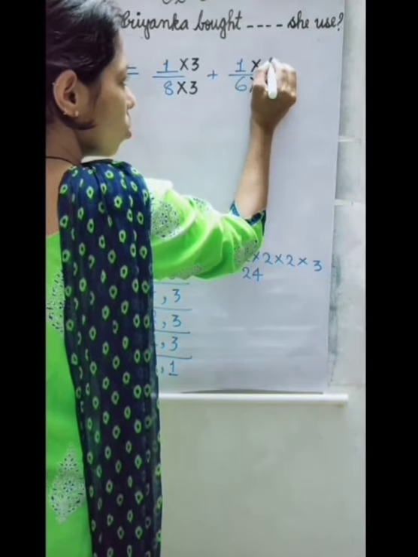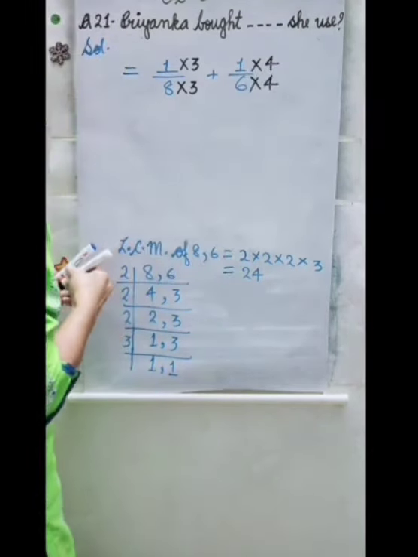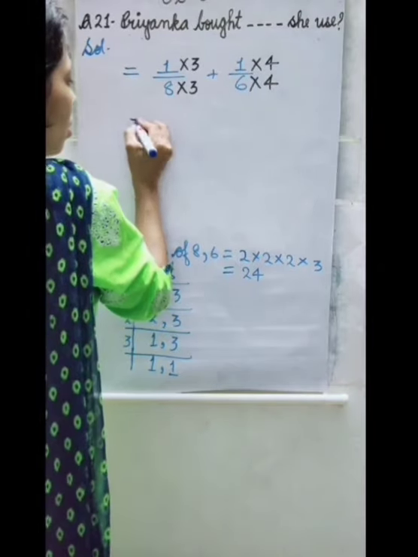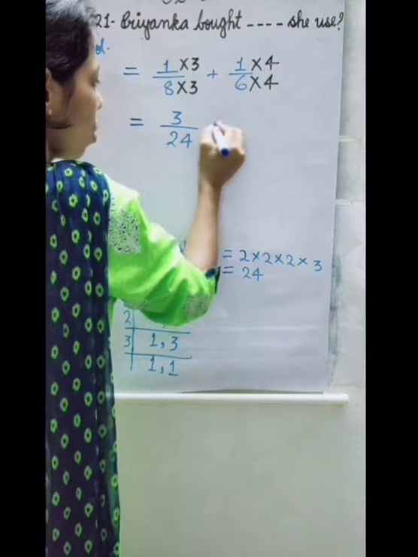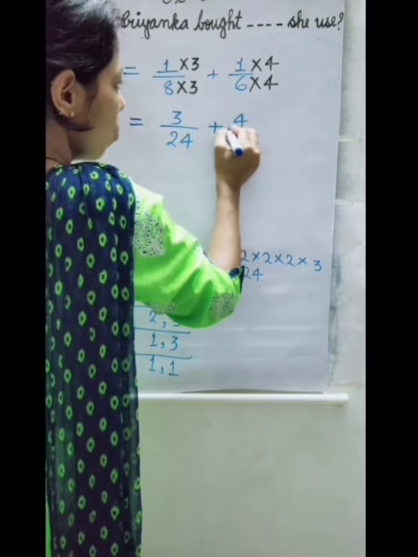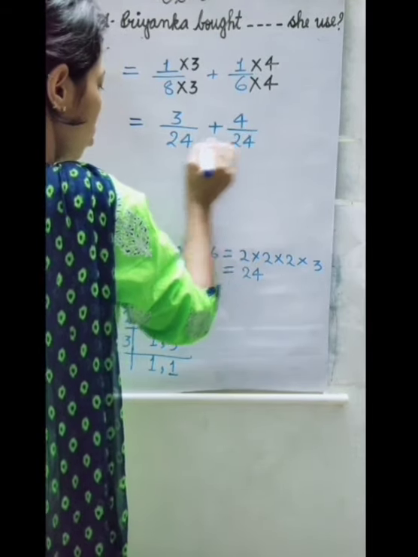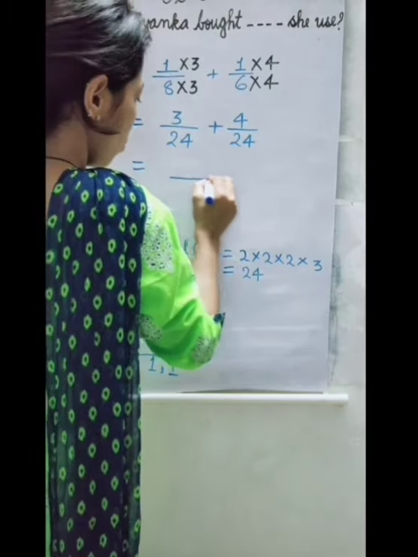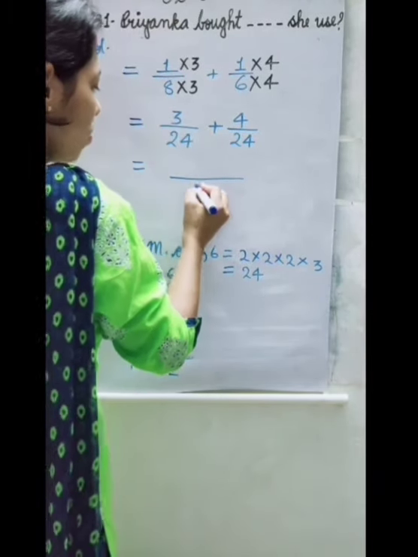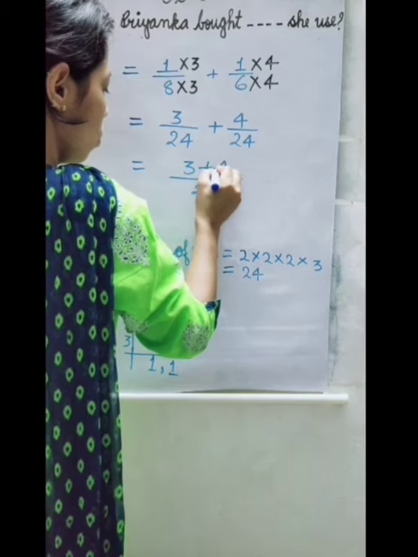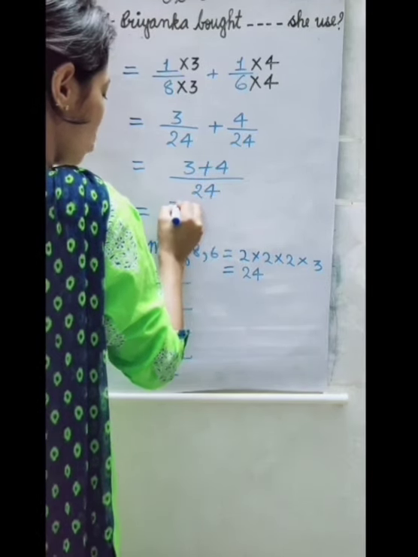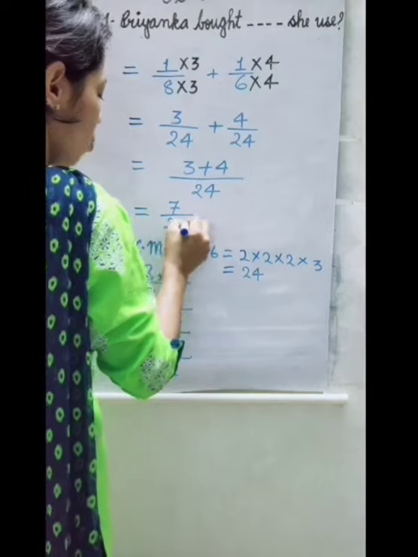To this numerator also we will multiply by 4. Then 3 1s are 3, 8 3s are 24, plus 4 1s are 4, 6 4s are 24. Now denominators are the same. 24 here, 3 plus 4 is equal to 7 by 24.